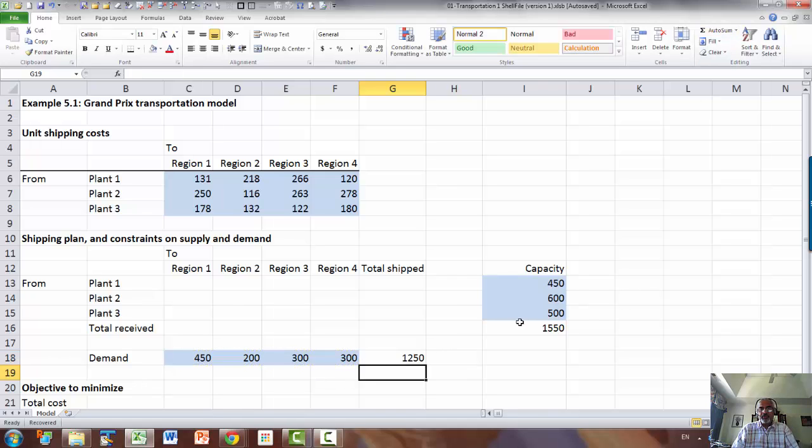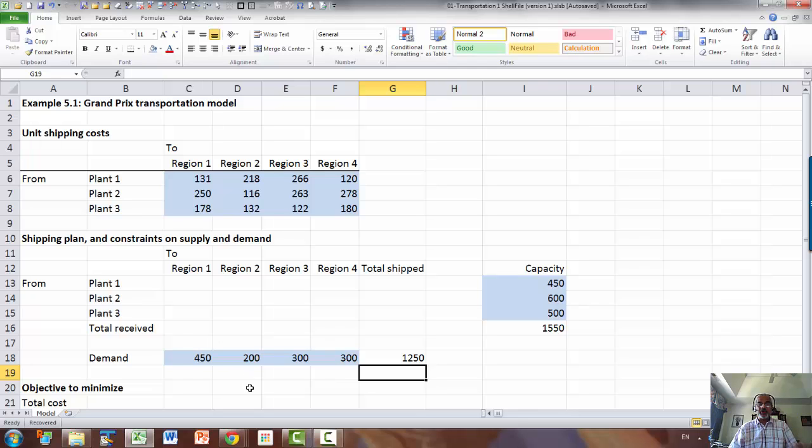Now if the total capacity is equal to or greater than demand, then there is no problem. We have enough capacity to meet the demand. But if it is the other way around, if the total demand is greater than total capacity, then some of this demand will not be met.